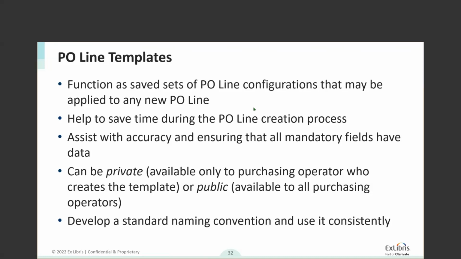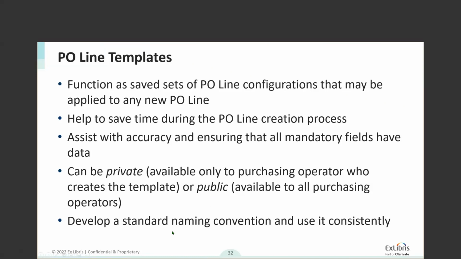So it's all in to help you save time, so you have consistency during the PO line creation process, it helps with accuracy, and also makes sure those reporting codes get filled in so you can report on them later. When you create a template, you can make it private so only you see it, or if you don't mark it as private, the other purchasing operators in your Alma institution can see it and utilize it.